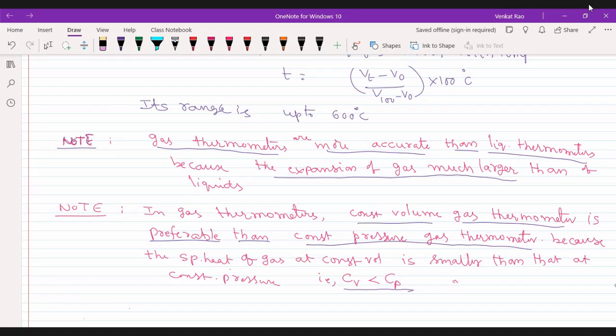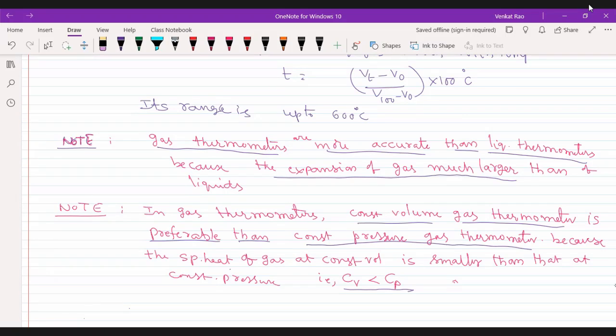On the same Celsius scale, if the pressure is increased, the melting point of ice will be minus 1 degree Celsius. If pressure is reduced, melting point will be more than 0 degrees Celsius. It can be 1 degree Celsius, 2 degrees Celsius.